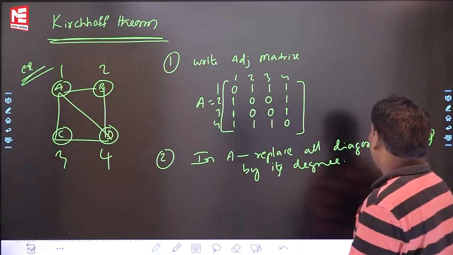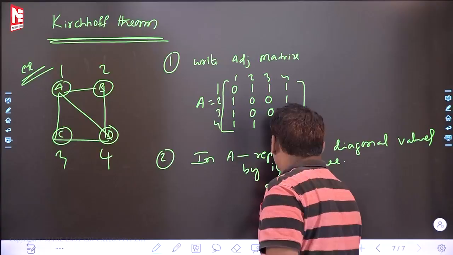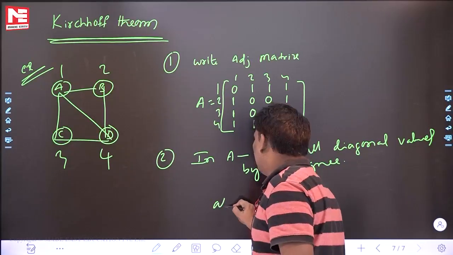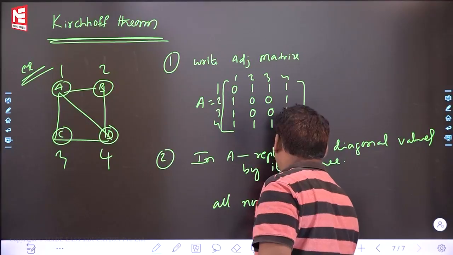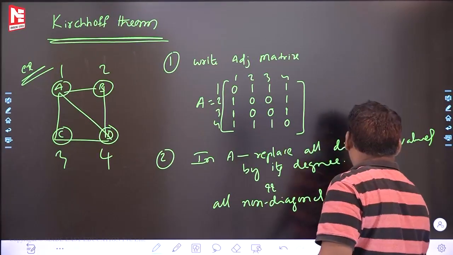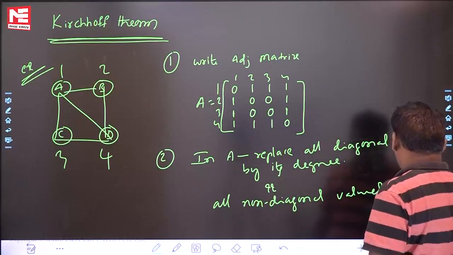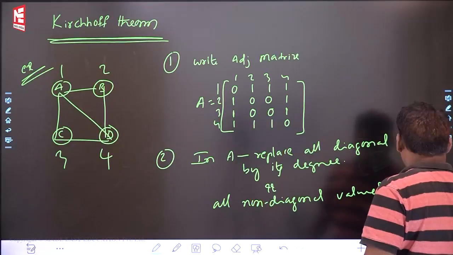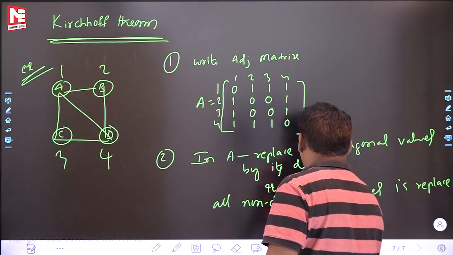In A, replace all diagonal values by its degree, and all non-diagonal values once, replace by -1.